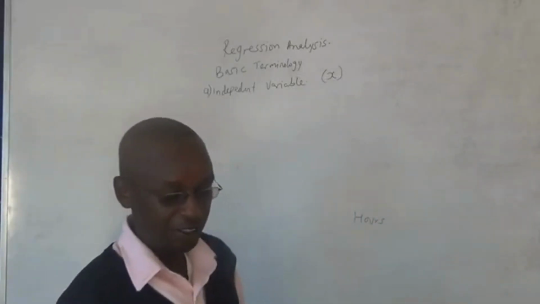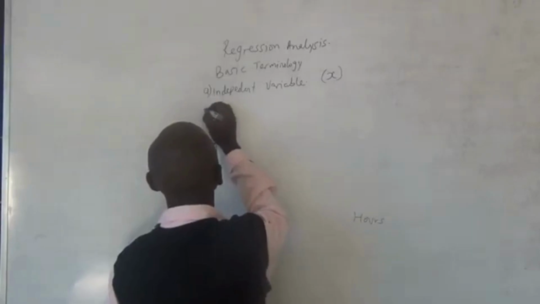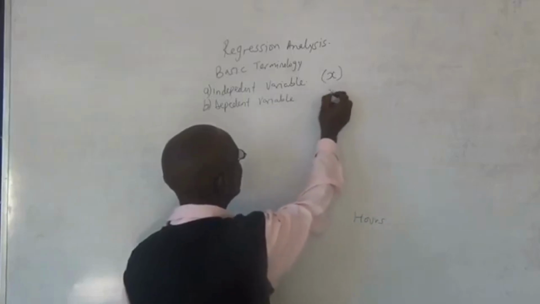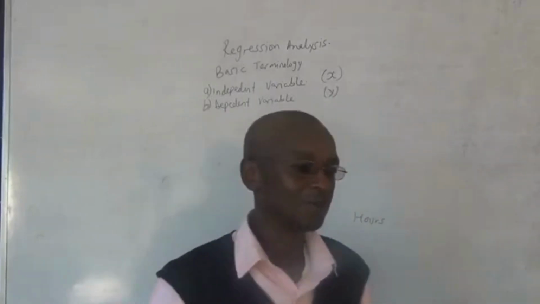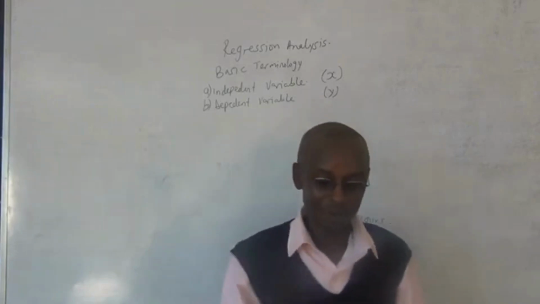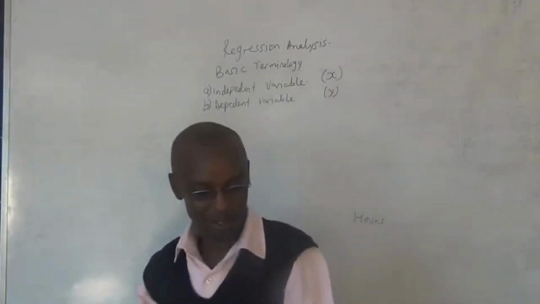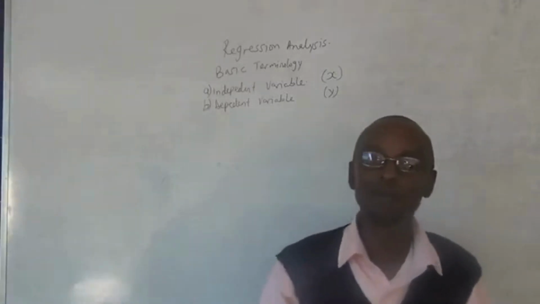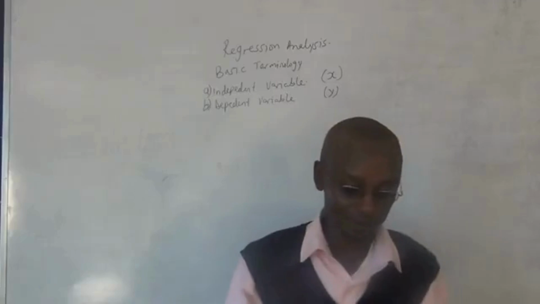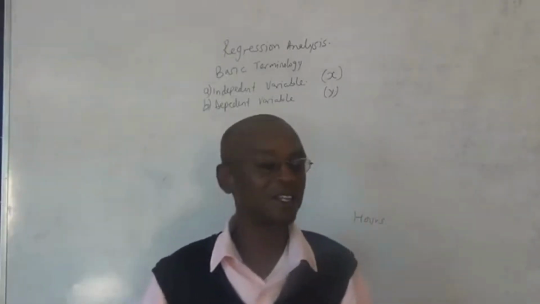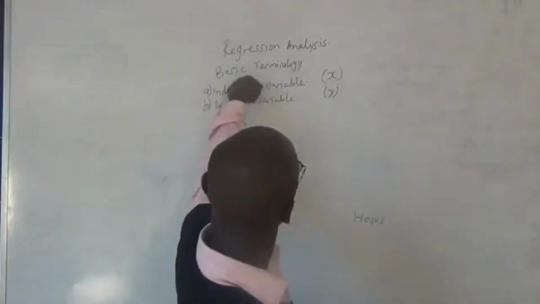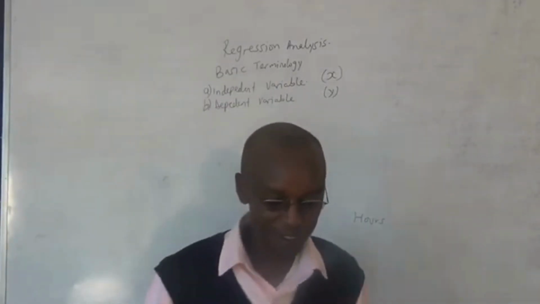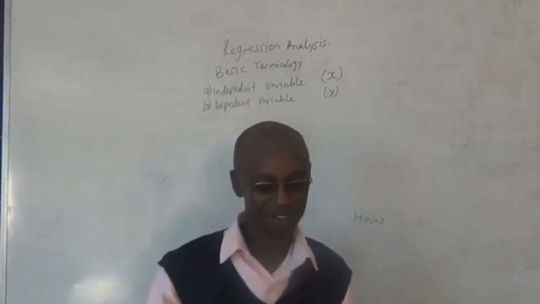Another terminology, you have dependent variable. This is y. Dependent variable is y. This is the variable affected by the independent variable. It's affected by x.